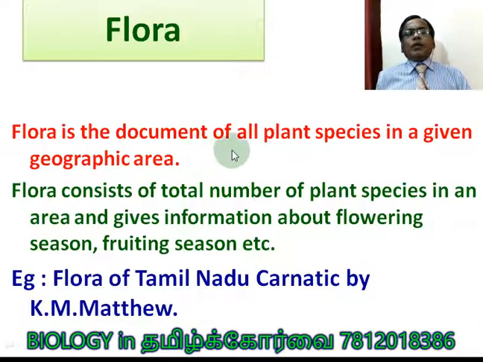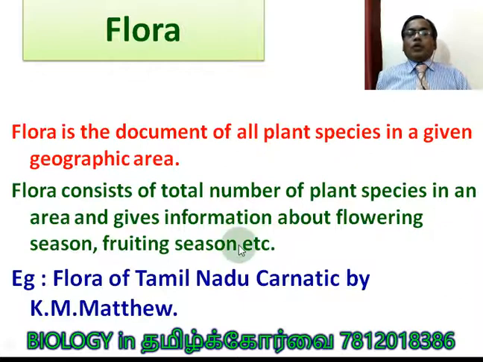Flora is the document of all plant species in a geographical area. In one particular area, various plant species are there. So flora is the document of these various plant species. Flora consists of the total number of plant species in an area, and gives information about flowering season, fruiting season, etc. for those plants.